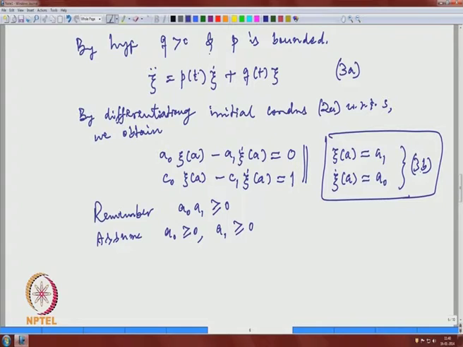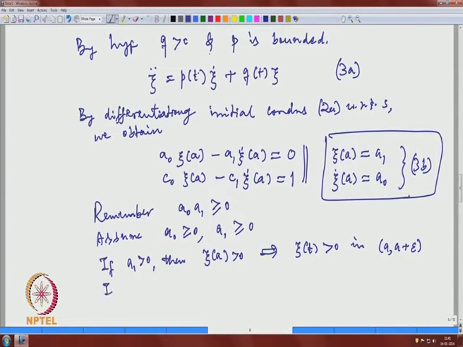And look at the conditions 3b. So if a1 is positive, then J a is positive, and this implies J t is positive in a small neighborhood, in this interval a to a plus epsilon. So there is no problem there.